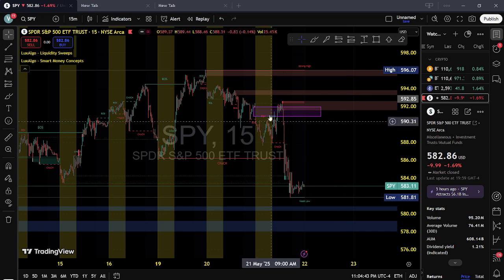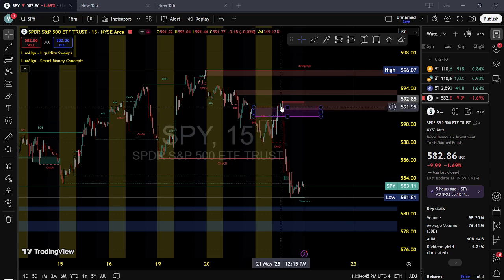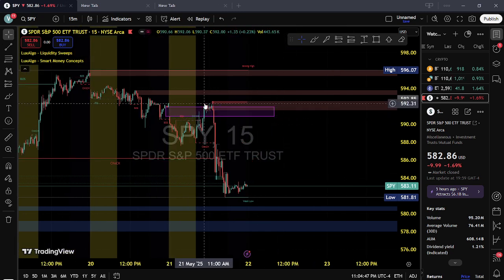So the gap was filled and it faked out, because that is how they create the fake-out condition.